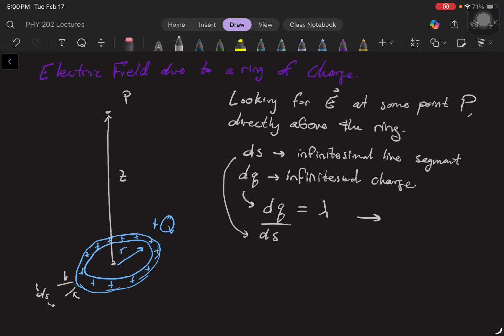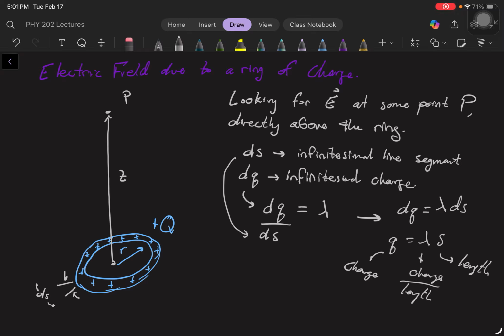All right, and so we can rewrite that if we want as dq is equal to lambda ds, or we can say q is equal to lambda s, right? Which should make sense. We have charge is equal to charge per length times length, right? And so you get charge per length times length, just gives you charge. Cool.